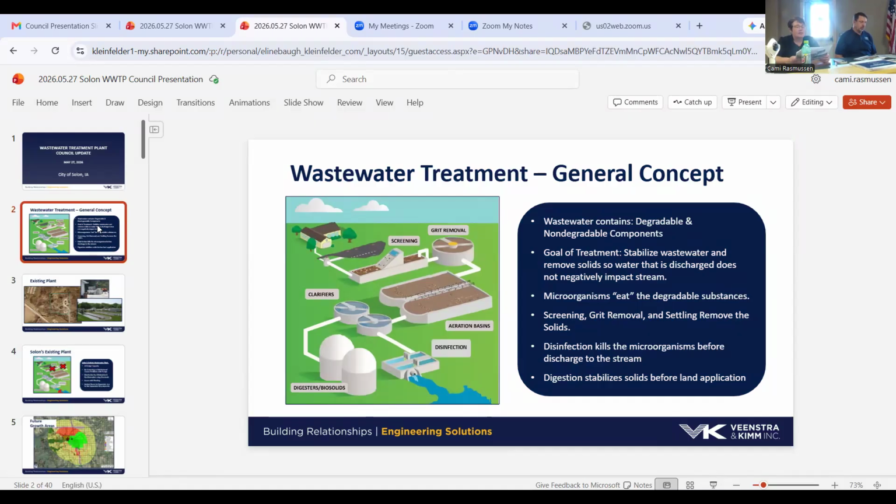Inside the plant, this is a little schematic of a general wastewater plant. Once it flows in, usually you want to go through screening and grit removal to get anything that is fixed or big out so that you don't even have to worry about that. And then it flows into aeration basins where microorganisms try to eat the degradable substances, either stuff that's dissolved in the water or some of those bigger solids.